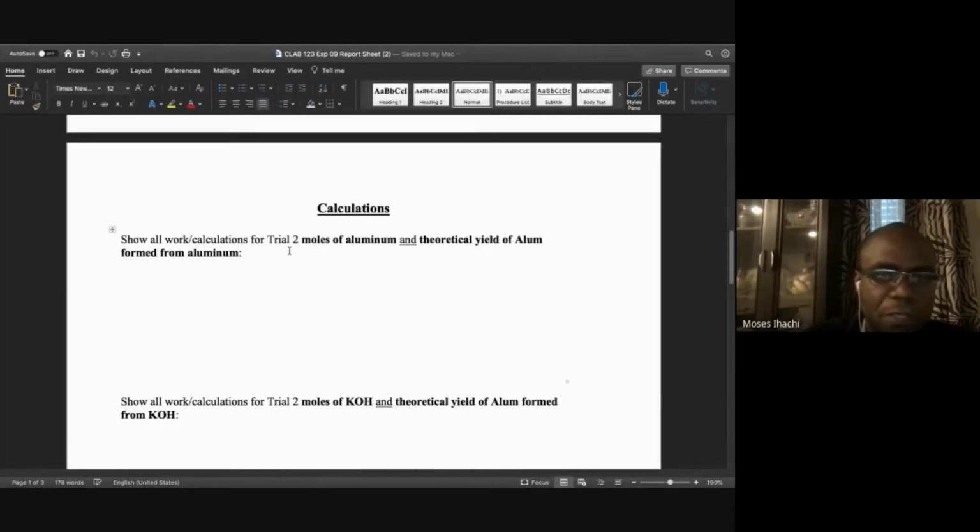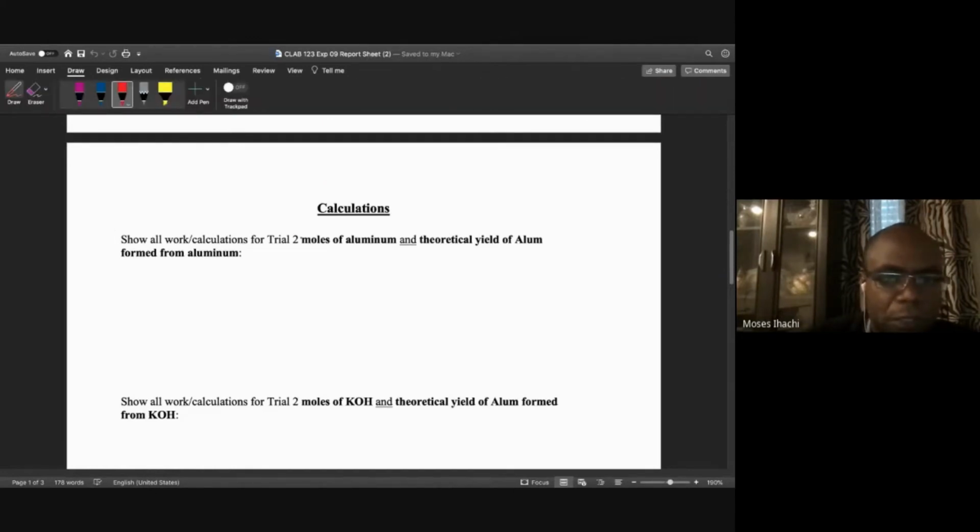So question number 1, and again, this will be for you to do for trial 2. I'm only going to explain trial 1. Number 1 says show all the work calculations for trial 1 to find the moles of aluminum and the theoretical yield of alum if aluminum was limiting. To do that, we have to follow a map. The strategy map process will be: we are given aluminum as a mass.